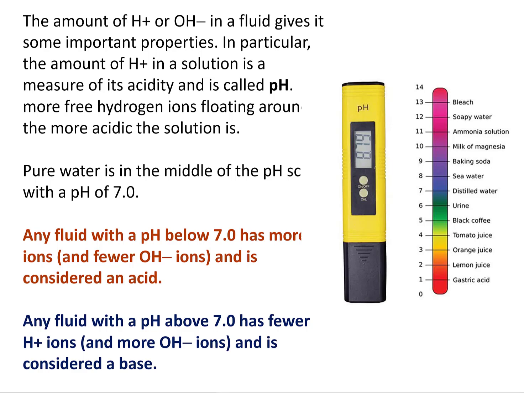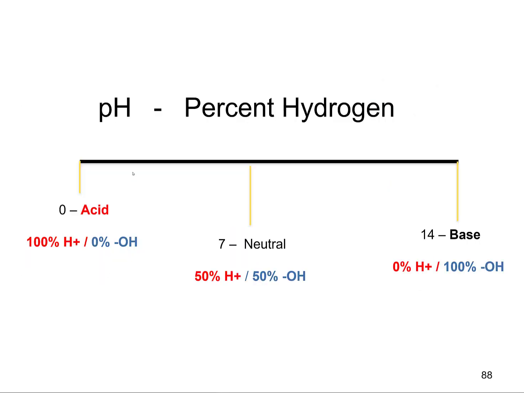It's what we use. And let me simplify. So the percent hydrogen: if we have 100% hydrogen, it's pH 0, and we have 0% of the hydroxide ion. At pH 7, we have 50-50. It's a mix. You see, it's inversely proportional. So if we have 50% of the hydrogen ion, then we have 50% of the hydroxide ion.